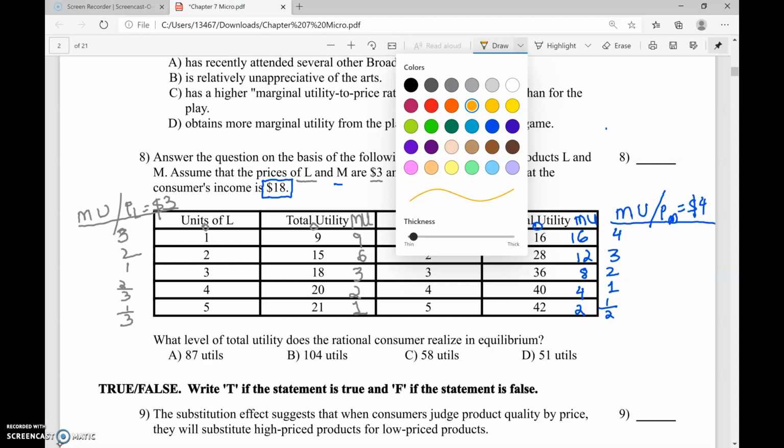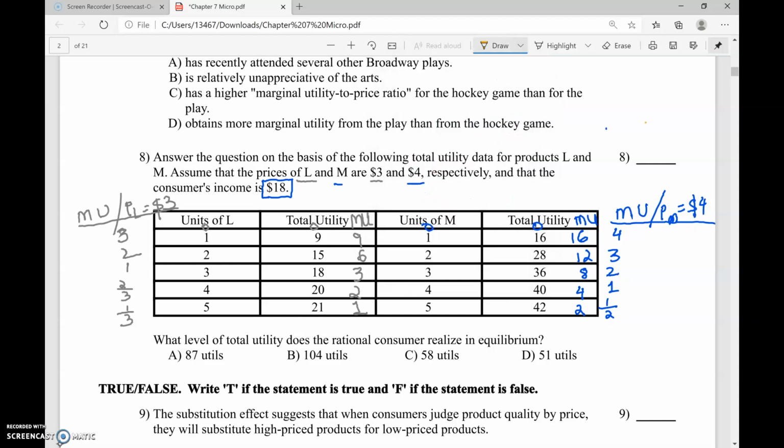The next step is comparing these two ratios that I just found from the calculation.